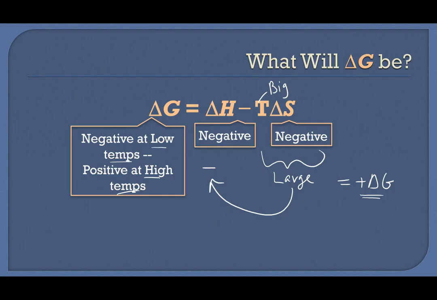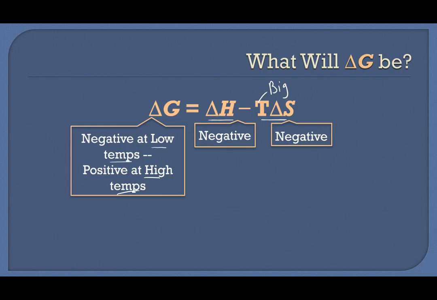Below that certain temperature, it'll be spontaneous. So when we've got the signs being the same, what we find is that it is in fact temperature dependent. So when we have a negative and a negative, low temperatures will be spontaneous, high temperatures will be non-spontaneous.